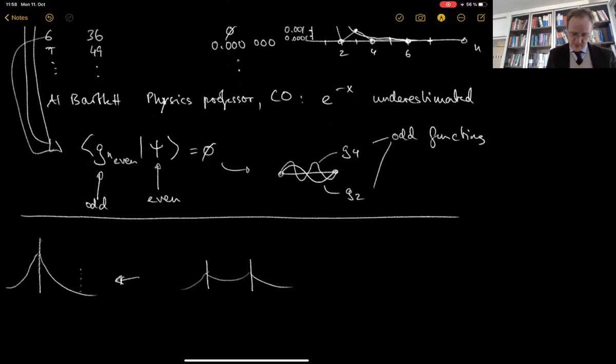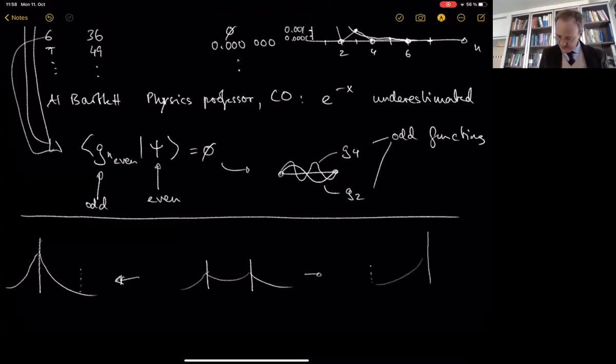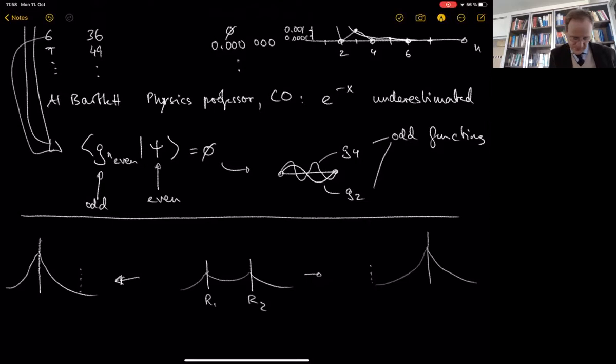So this is where it used to be. Now you can imagine going the other way. Let's suppose you're growing the other nucleus to helium. And then what's the difference? This was our R1, R2.